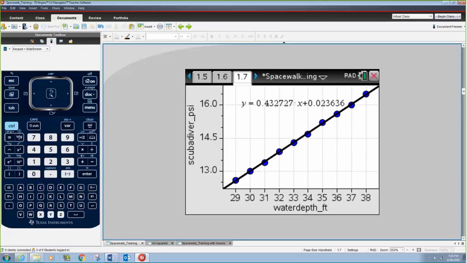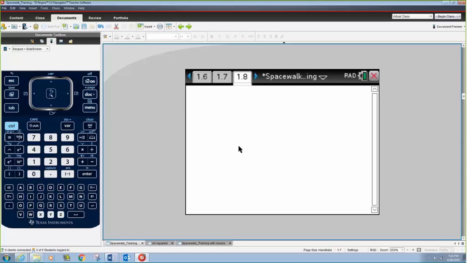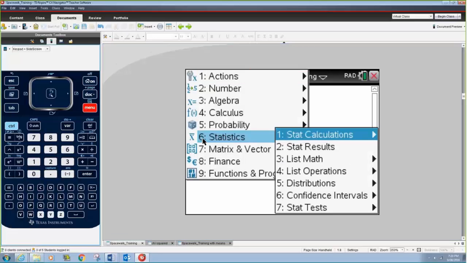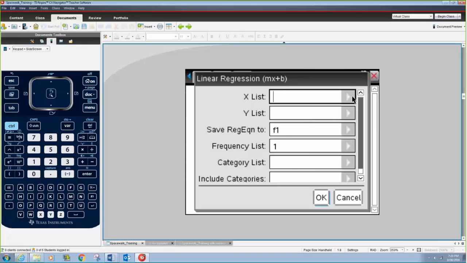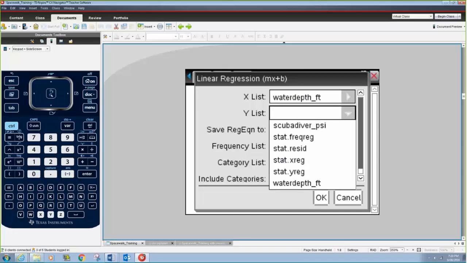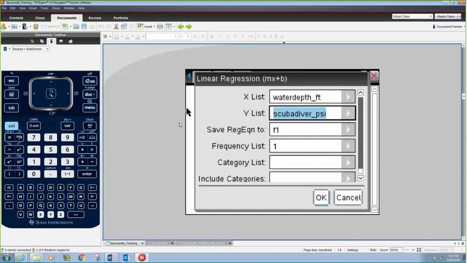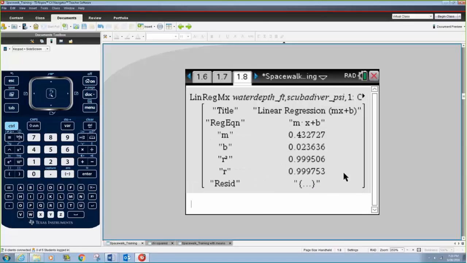This regression line on the screen is not that useful because it can't be used that much later. So again, either in the spreadsheet or in the calculator screen, if we do the regression in the same way, but that allows us water depth, and this saves the regression equation into equation, and let's say here it saves it in F1.